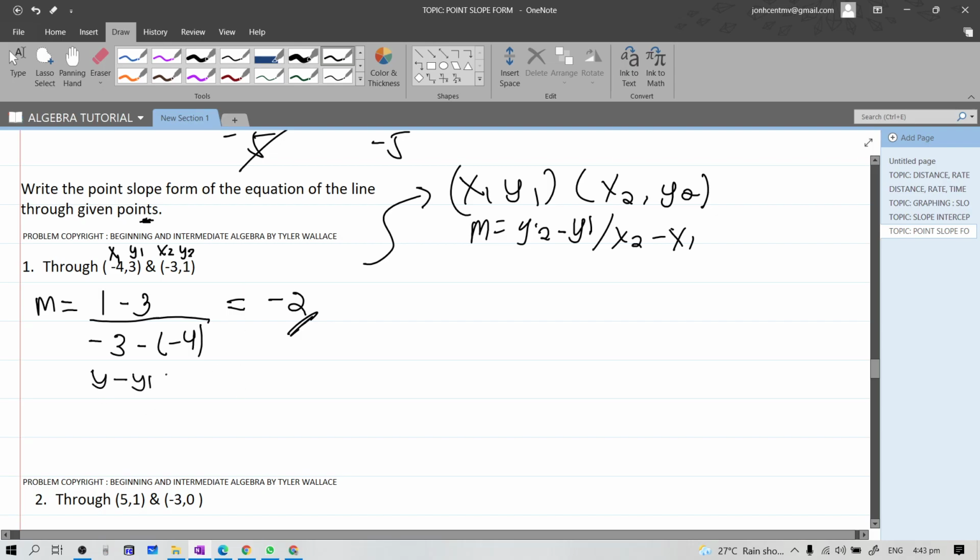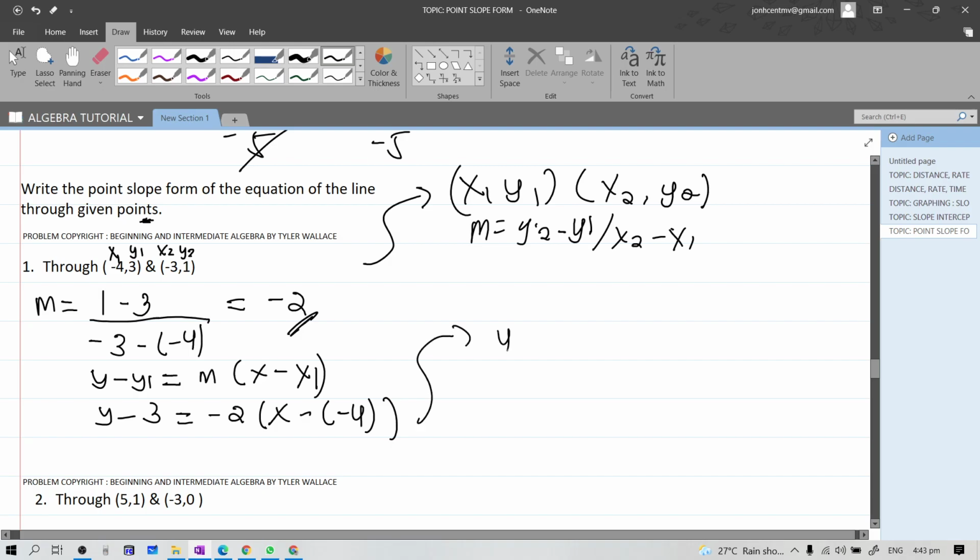Y minus y sub 1 is equals to m times x minus x sub 1. Y minus, ano yung y sub 1 mo? We have 3 is equals to negative 2 times x, what is your x sub 1? We have minus negative 4. So, simplify that. You will get y minus 3 is equals to negative 2 times x plus 4. And since point slope form lang hinahanap, so ito yung ating answer.